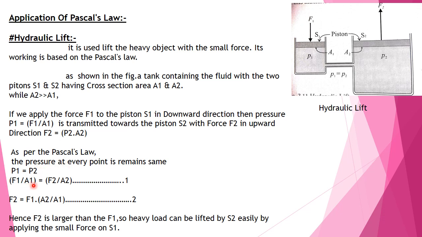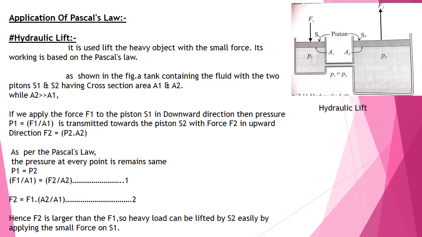Therefore, F1 upon A1 is equal to F2 upon A2. Finally, we get F2, the larger force, F2 is equal to F1 into A2 upon A1, equation number 2. So, a heavy load can be easily lifted by a small force.